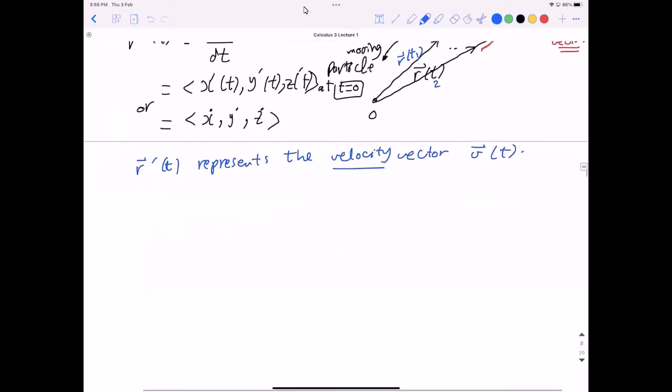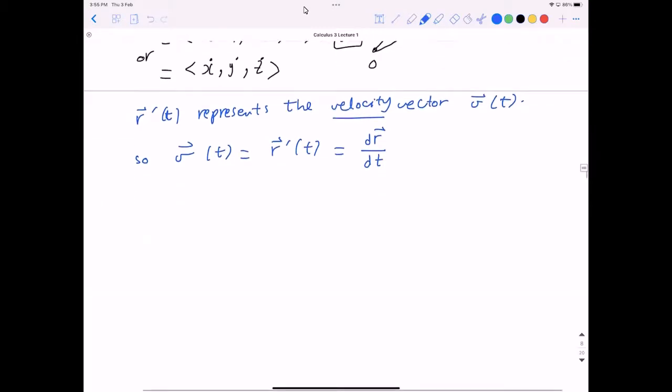This is very important to keep in mind. V of t is R prime of t, or you can write it in the notation you like best. This is the first derivative at time t. It is in the tangent direction, or the direction of the tangent.